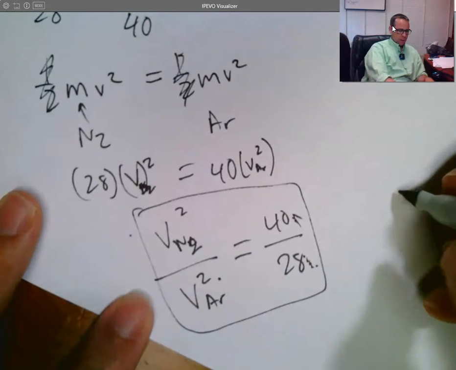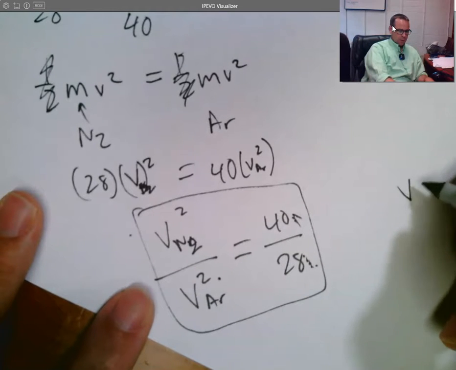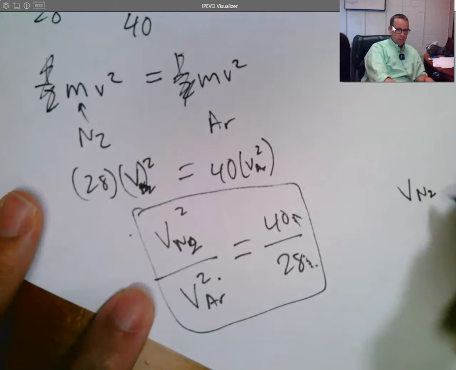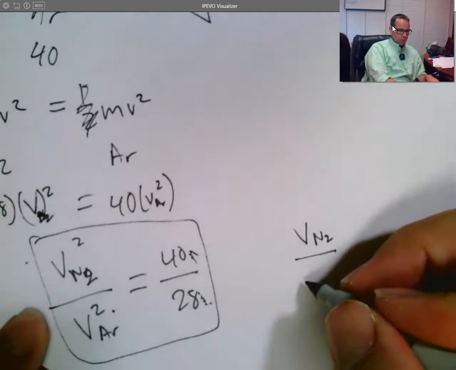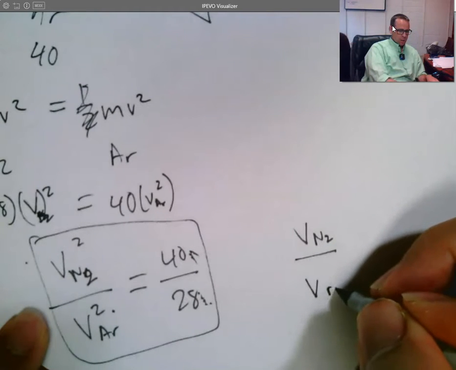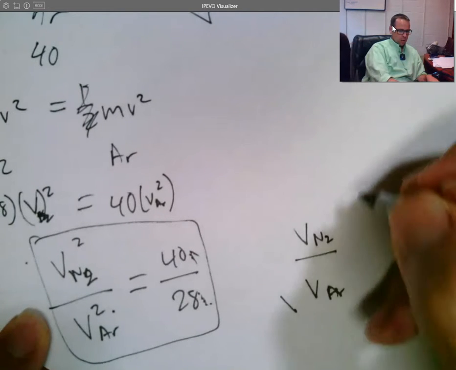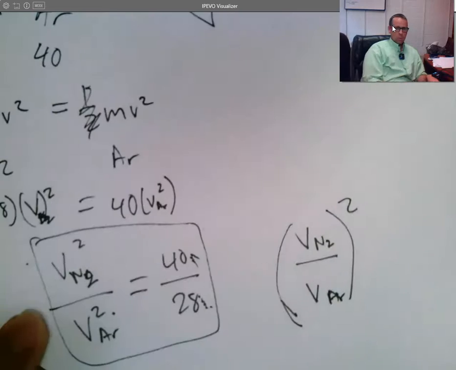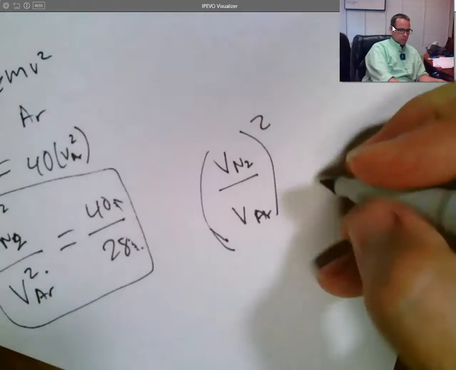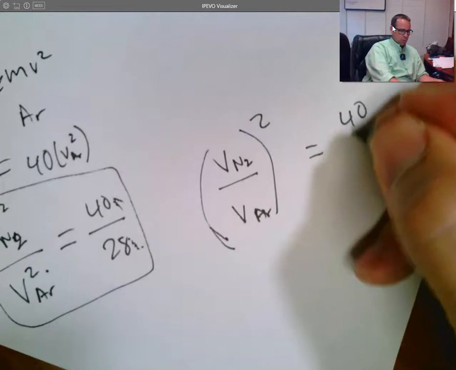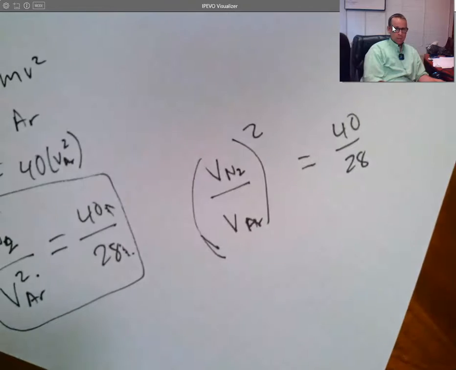If I rewrite it, I take V of the nitrogen gas over the velocity of the argon, and that is one whole quantity squared, equal to 40 over 28.